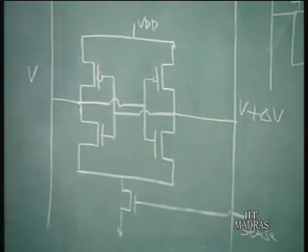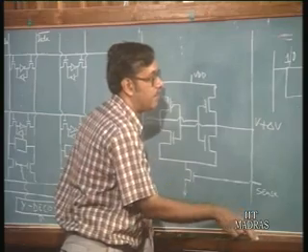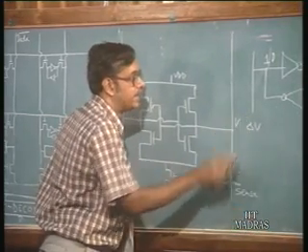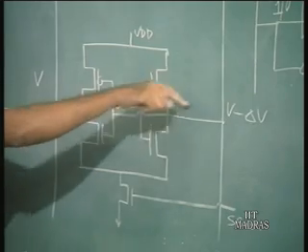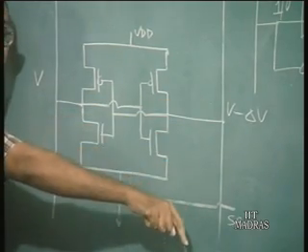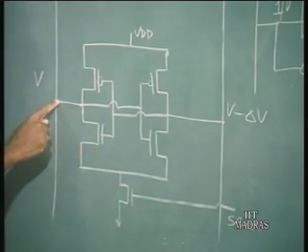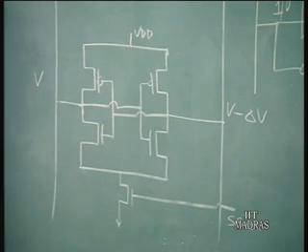On the other hand, if this is V and this is V minus delta V, that is this has a lower voltage here. Okay. So, what will happen is this side will tend to go to 0, whereas the other side, which is at a higher voltage, will tend to go to 1.